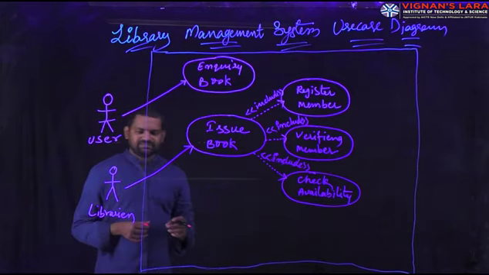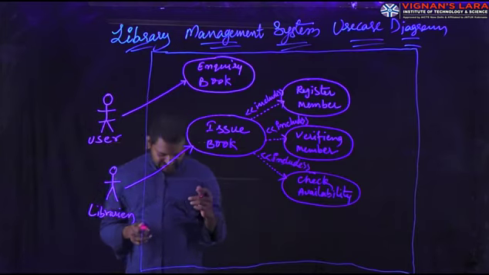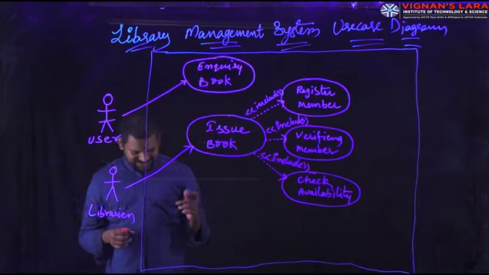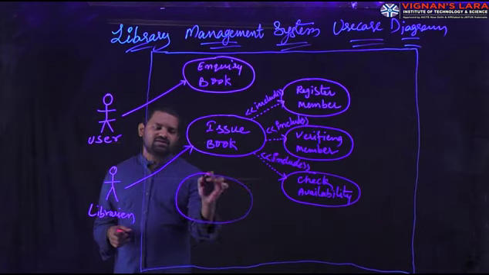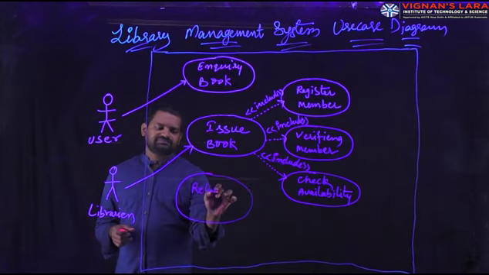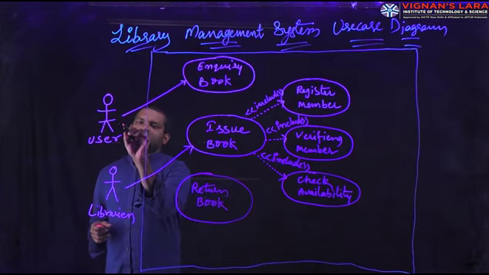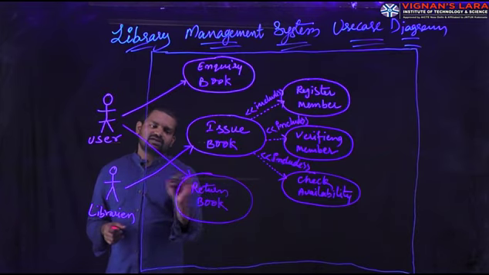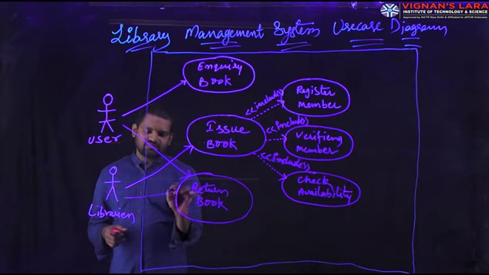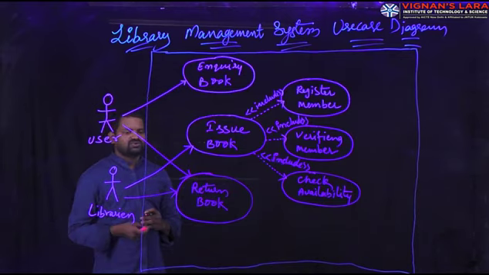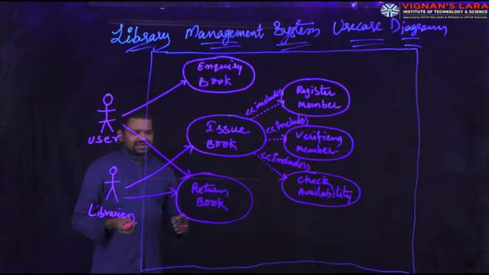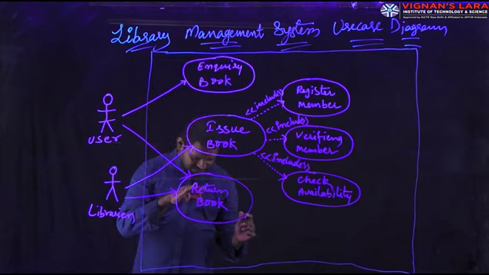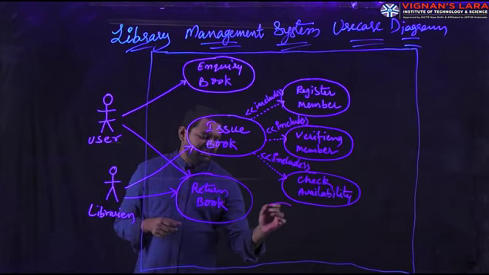And next, the user can return a book, and also the librarian can take the book. Two links for returning a book. While returning the book, you compulsorily calculate the fine.